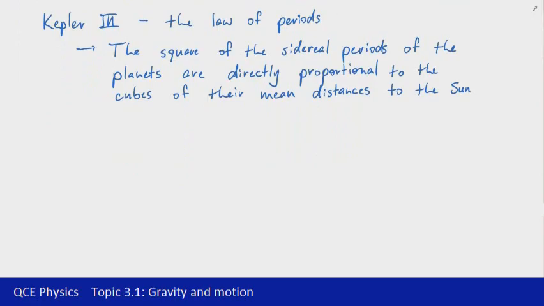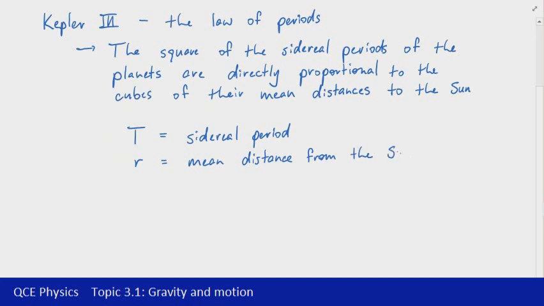So that's the statement for Kepler's third law. We'll have a look at it in a little bit more of an understandable way by considering the equation that it allows us to develop. So we're going to have capital T here as being the sidereal period, and R as being the mean distance from the Sun. So that means that for any planet, we have the relationship that T squared is going to be equal to some constant multiplied by R cubed.